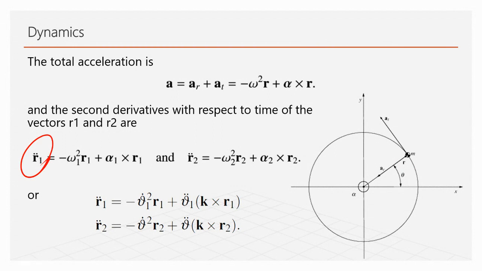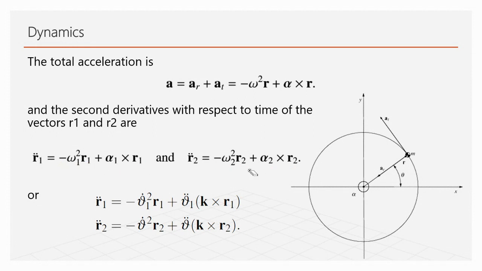So the second derivative of R will be the rotational acceleration of the mass of the robot link, related to omega squared and alpha times R1, and omega squared and alpha times R2 for the second one.